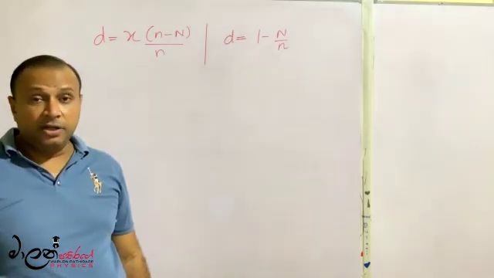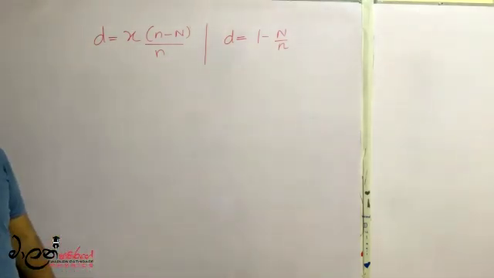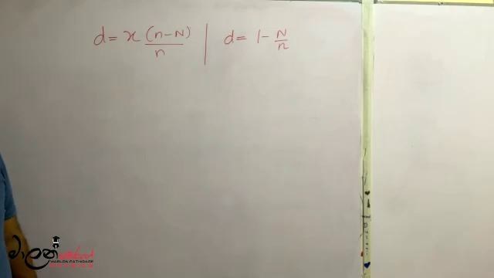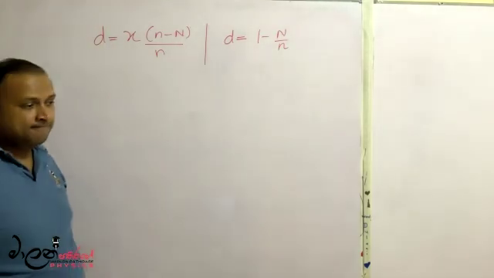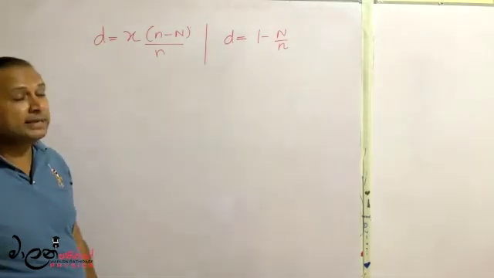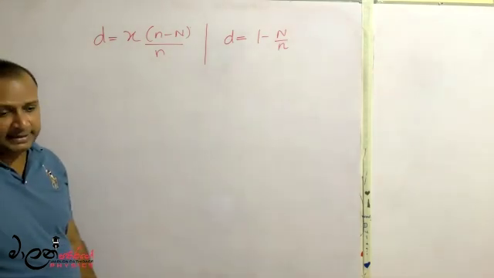Which is calibrated in millimeters into 10 equal divisions in the Vernier scale.